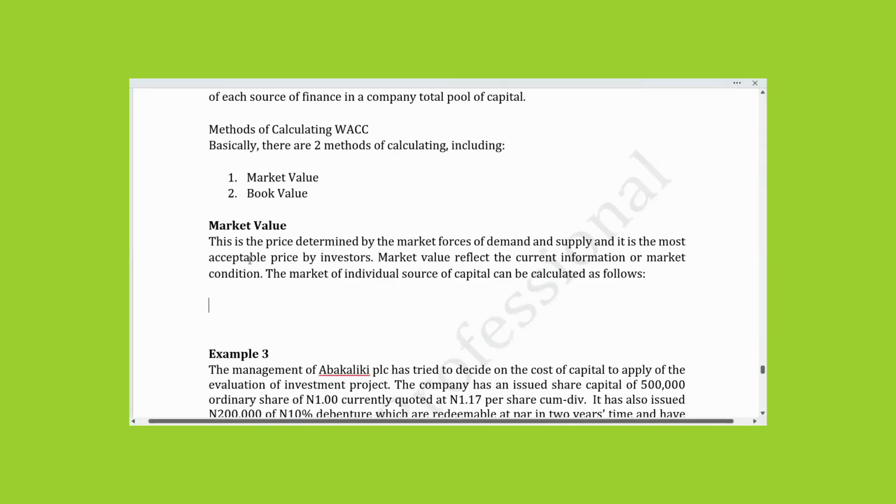You have calculated cost of equity, cost of preference share, cost of debt. You find the weighting using either book value or market value. At all time, you have to use the market value for your weighting, except if examiner says you should use book value. Where examiner is silent, it has to be market value that you are going to use to do the weighting.